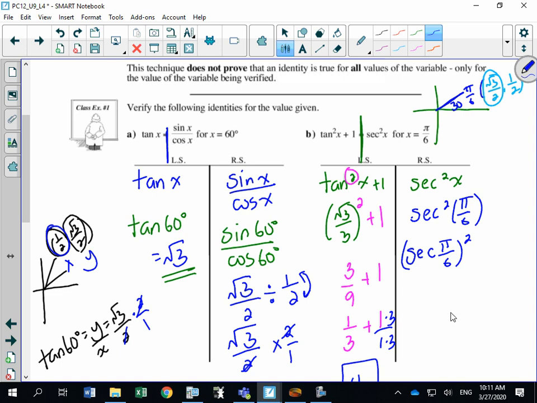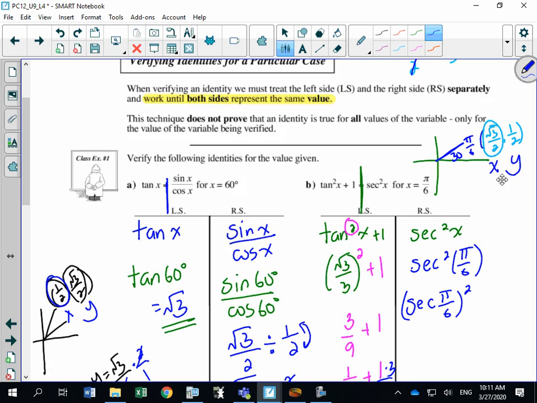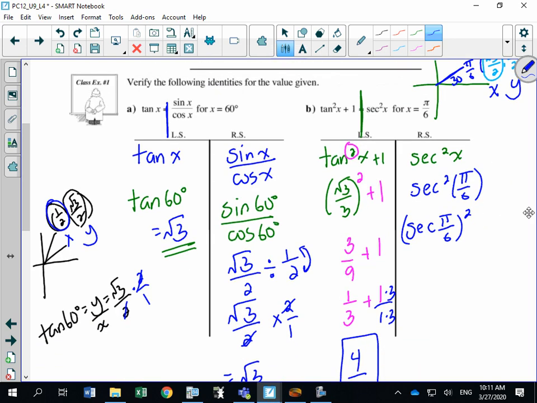Now, the reciprocal of secant is cos. So on my coordinate, at pi over 6, I know that cos is root 3 over 2. So secant is the reciprocal of that, right?